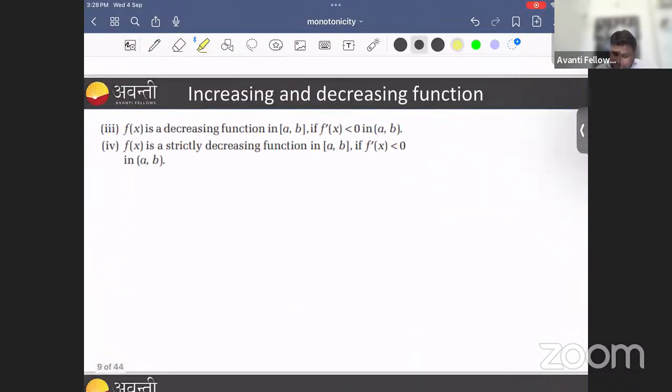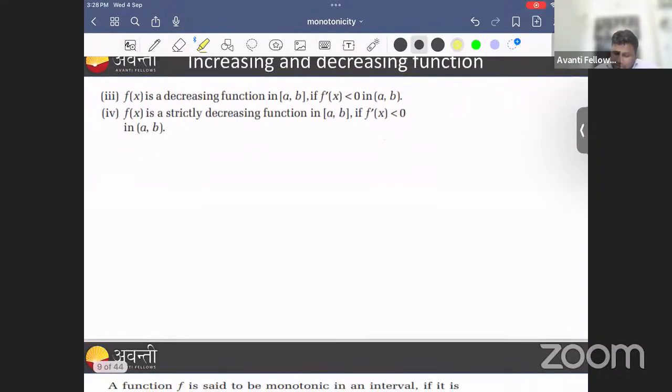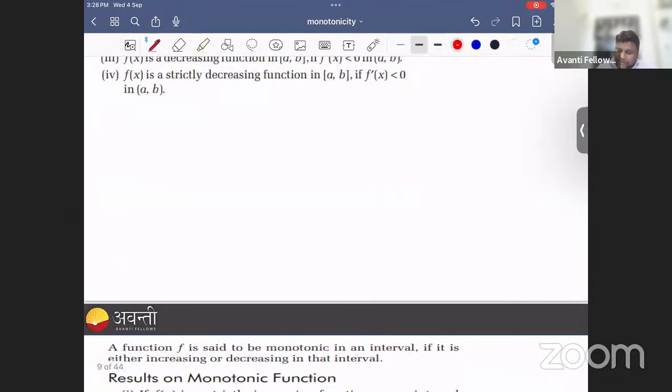Now what will happen if a function is increasing? That means f of x plus h is more than f(x), which is more than f of x minus h.